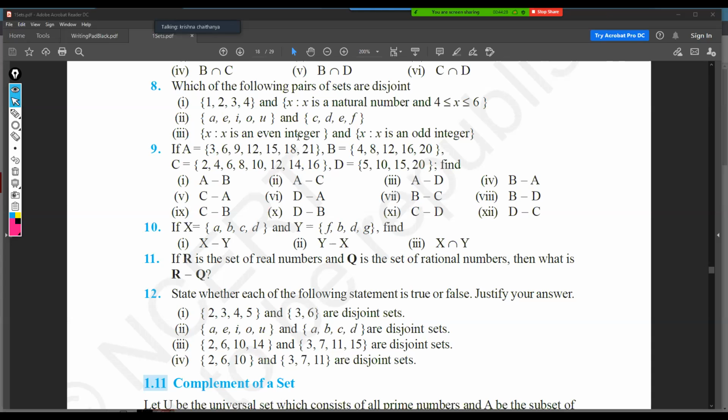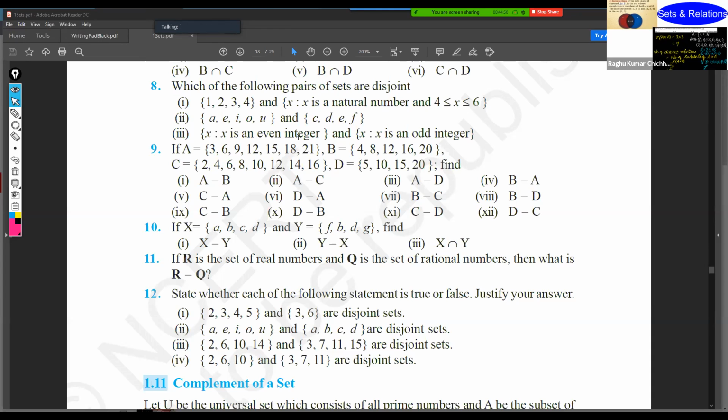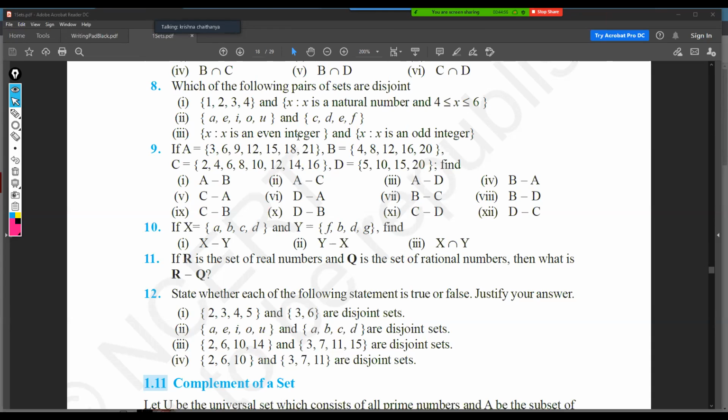D minus B is only D but not B. 5, 10, and 20. Is it D minus B that you asked? Yes. Then it's 5, 10, and 50. We don't have 20 in B. That's good.